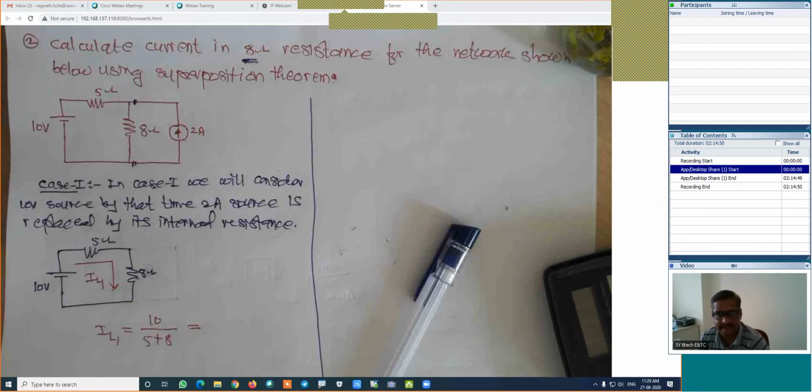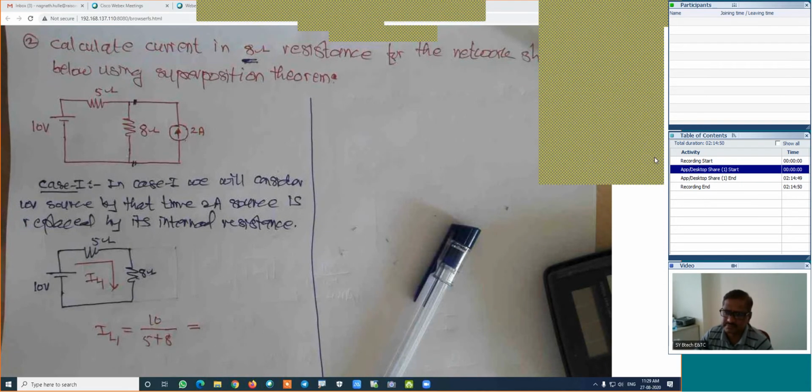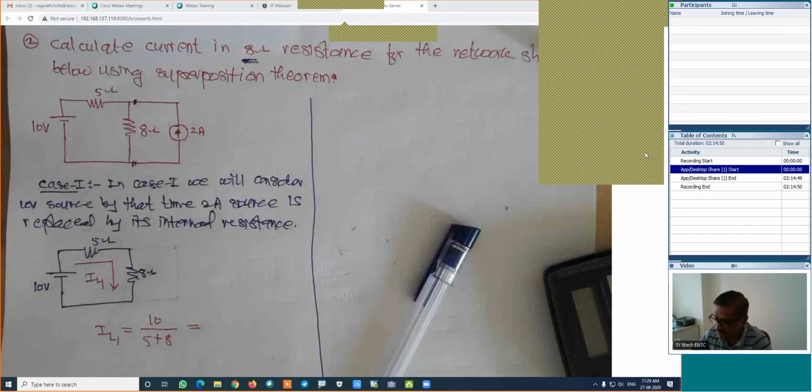Yes. Chaya, unmute yourself. Yes. Saurabh has raised the hand. Then Madhuri has raised the hand. Madhuri, unmute yourself. 76? Yes. No. 10 divided by how much? It is 12. Yes. Unmute yourself.